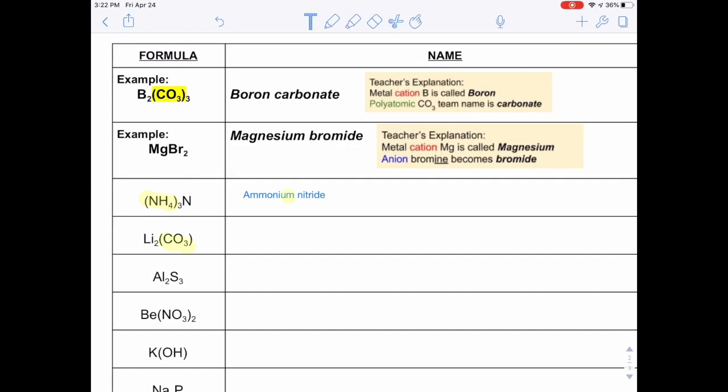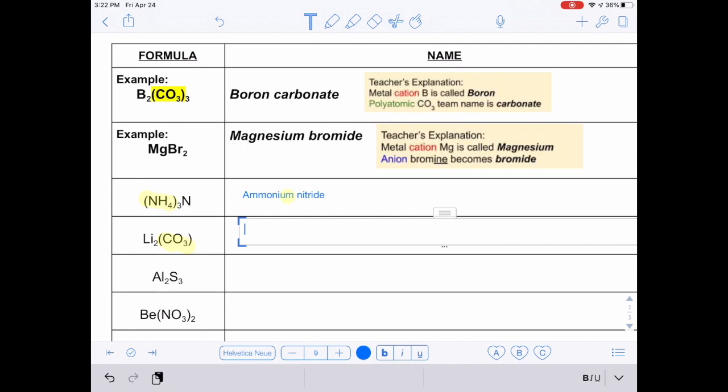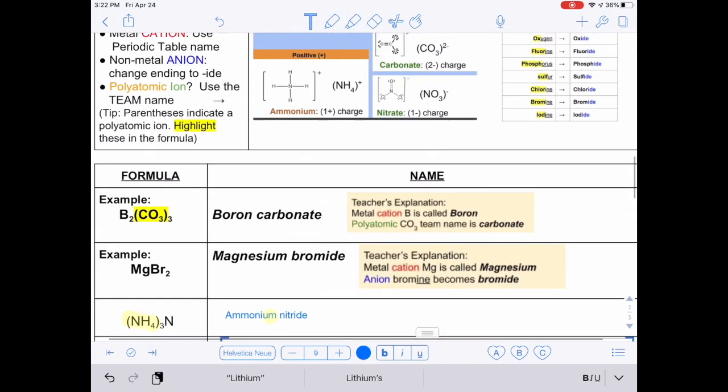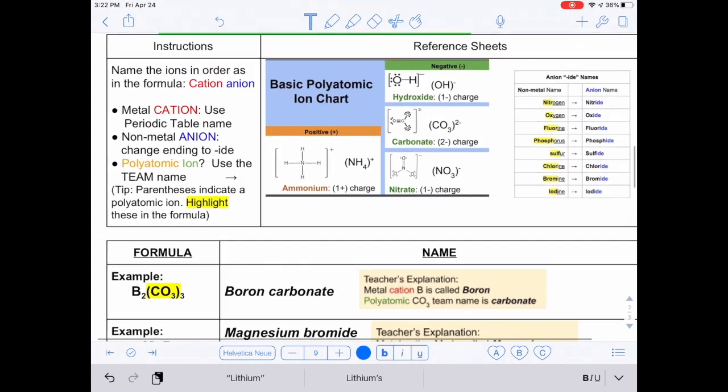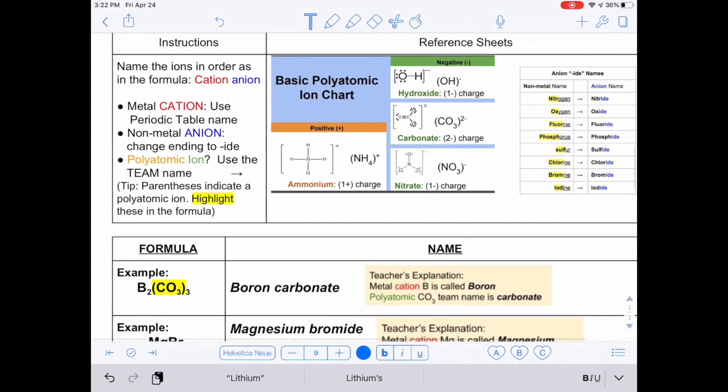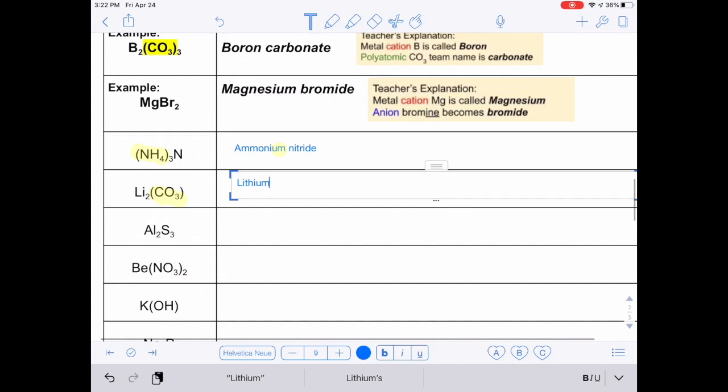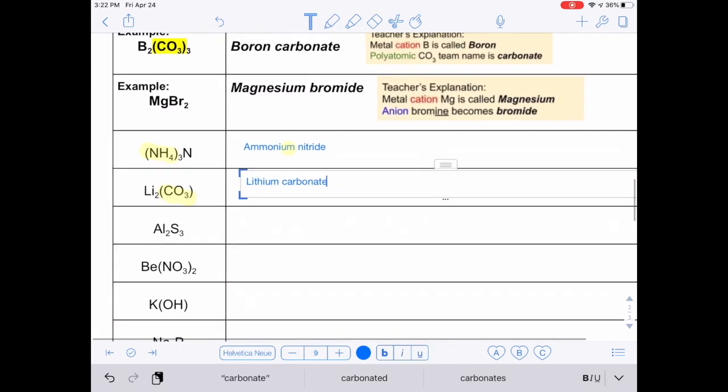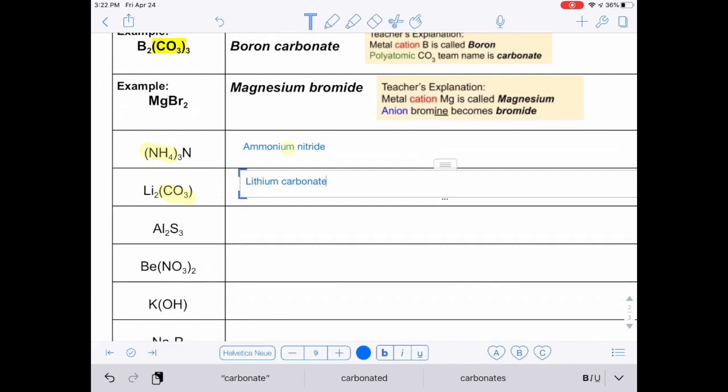And so that one is going to be Li. We know that's lithium, and the first word does not change. And CO3 has a team name, and that's carbonate. Carbonate. It's not carbon, oxygen, or anything like that. They have a team name.